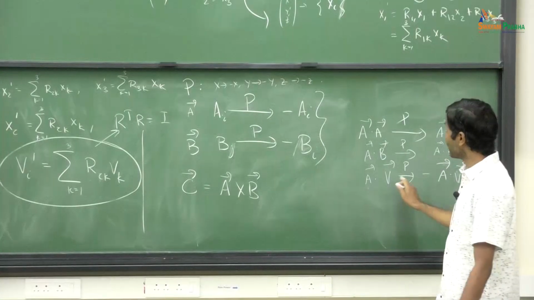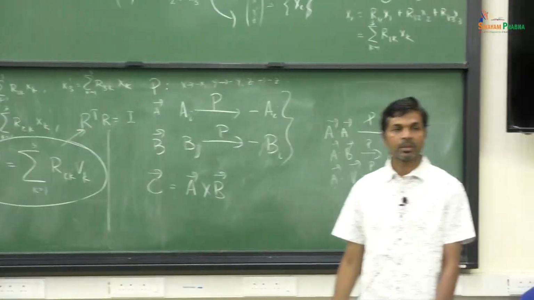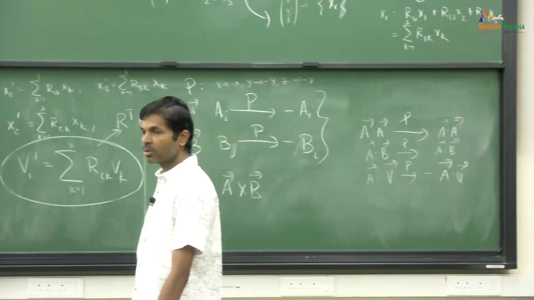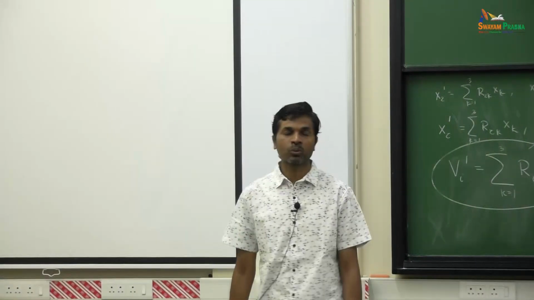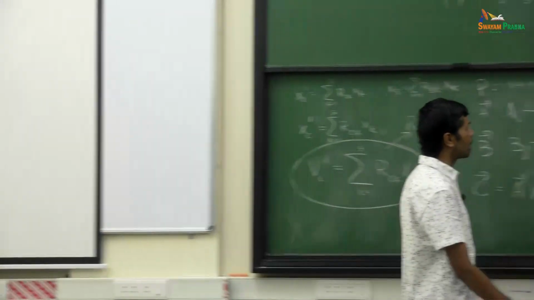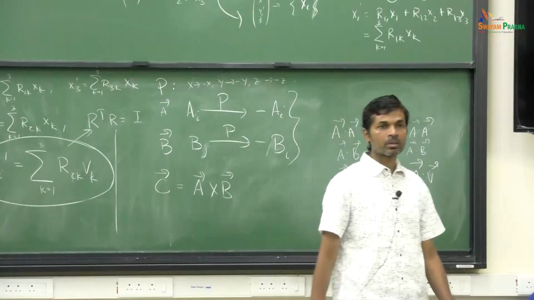On the other hand, if you make a parity transformation, they change their sign. So such quantities are called pseudo scalars. So you have a pseudo vector, and similarly you have a pseudo scalar.